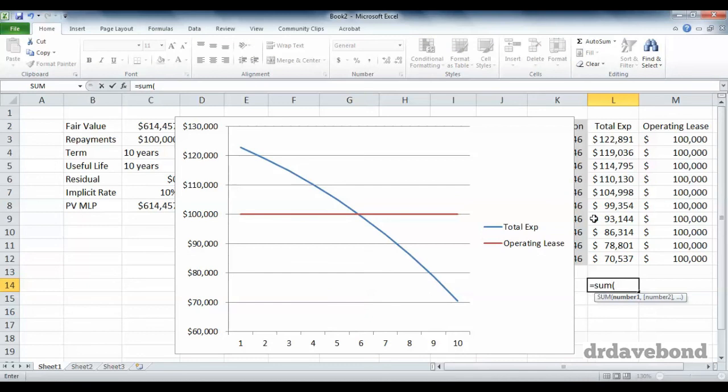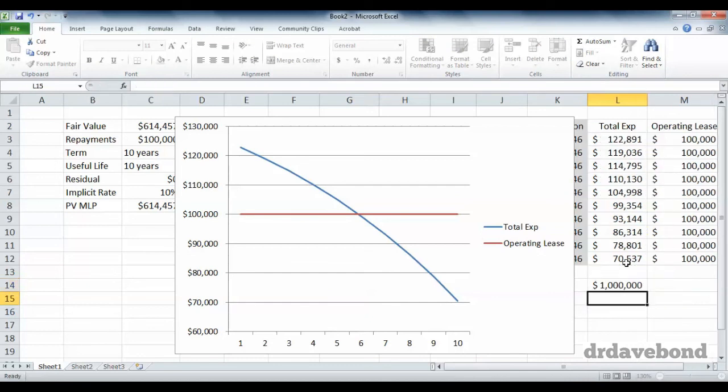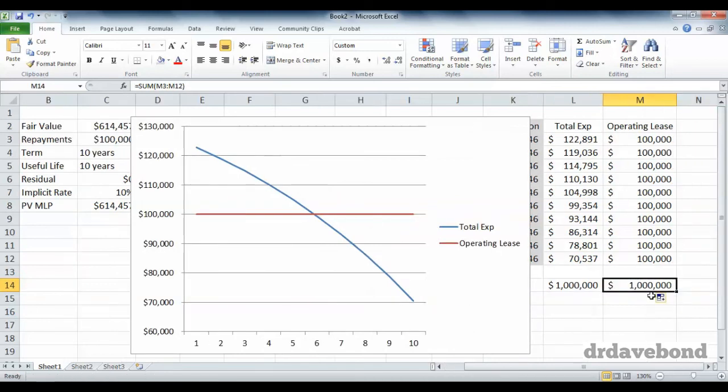I'm just going to sum the total expenses here. So we have $1 million of total expenses for a finance lease, and we have $1 million of total expenses for an operating lease. So in total, the expenses end up the same. It is just simply that they're front-end loaded with a finance lease, which means profit is lower in the early years and better in the later years.